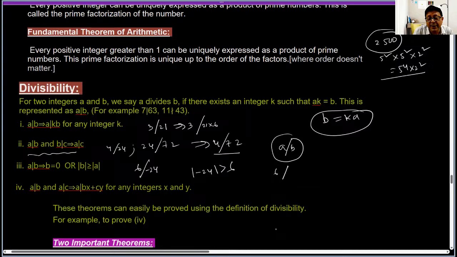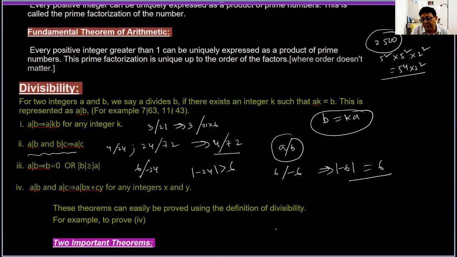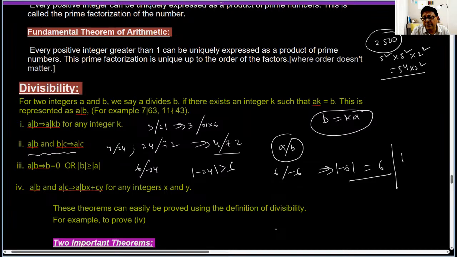Even 6 divides minus 6. We'll say that mod of minus 6, which is 6 only, is equal to 6. So modulus will make a quantity positive. If I write mod of minus 23, the value is just 23. Here, you understand?